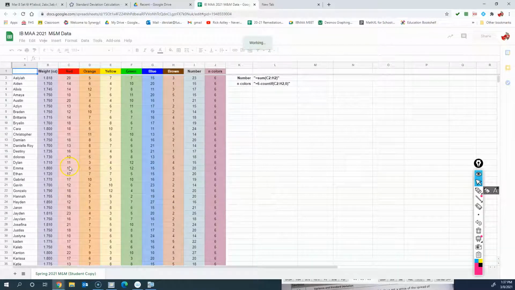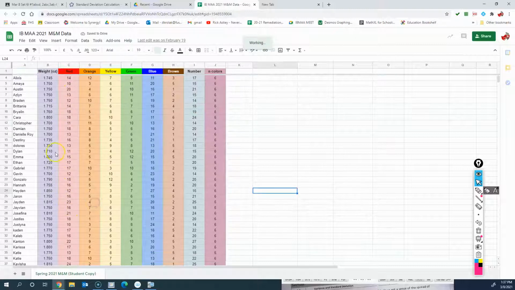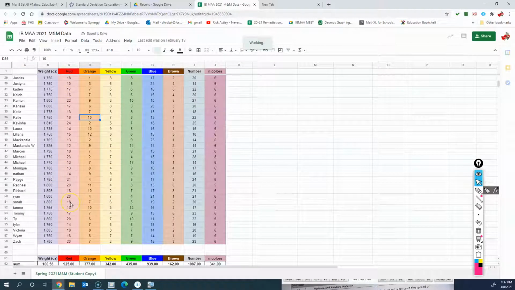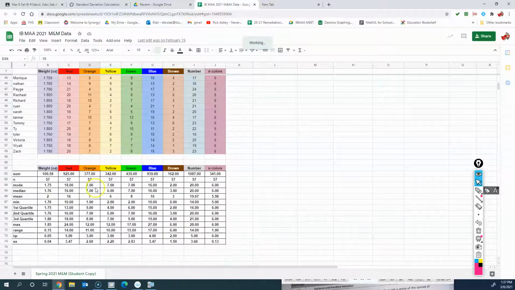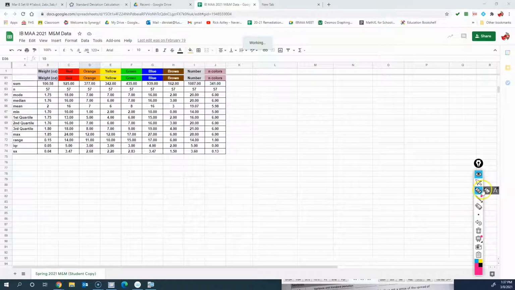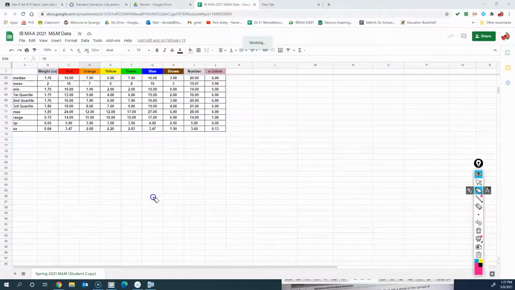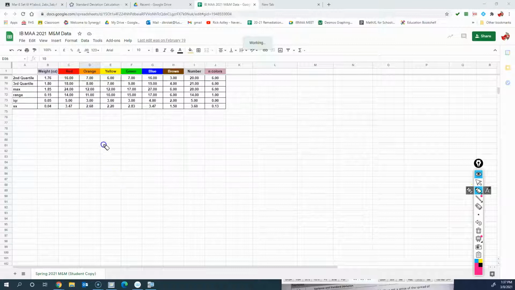All right. If you look at the reds, when we go down this column of red M&Ms, the average red M&M package had 16 M&Ms in it.